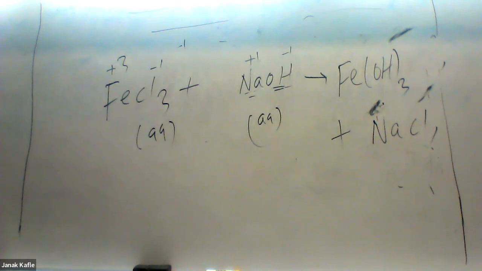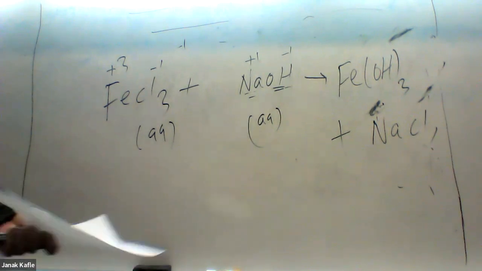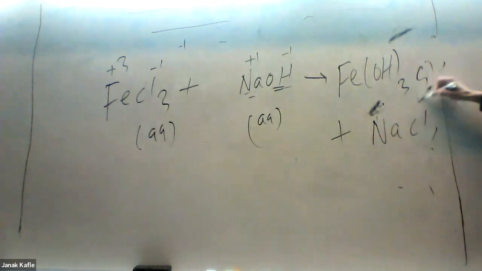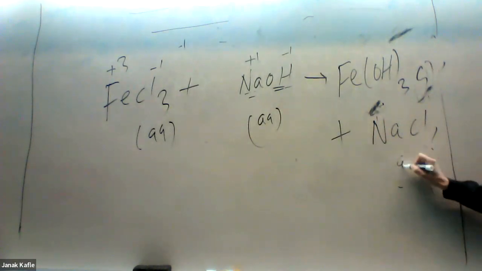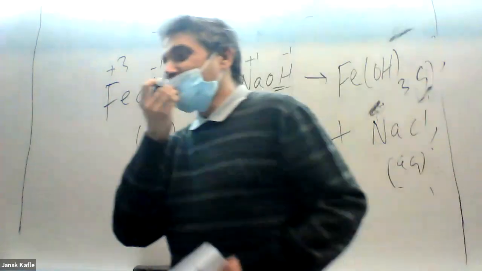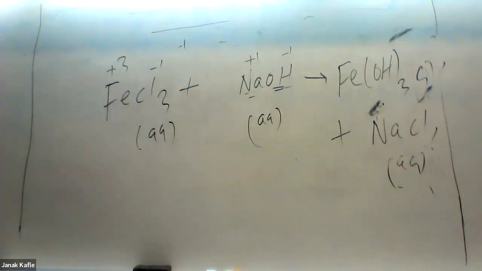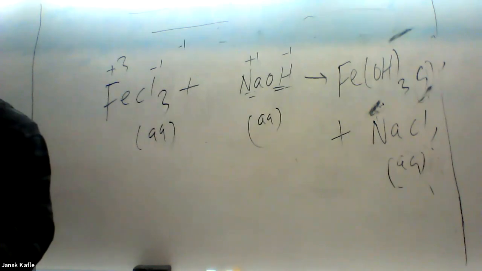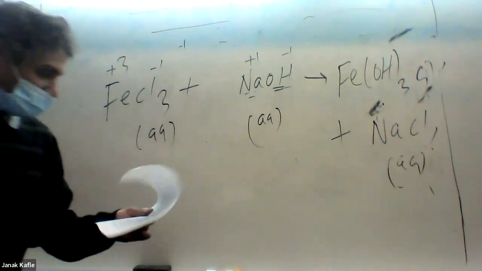This button from Fe down and OH here is insoluble. Everyone got that? So Fe(OH)3 is a precipitate. So we write solid, or you can write ppt. Hopefully you know how to practice this reaction now. Good. I'm not going to talk through all the reactions here.